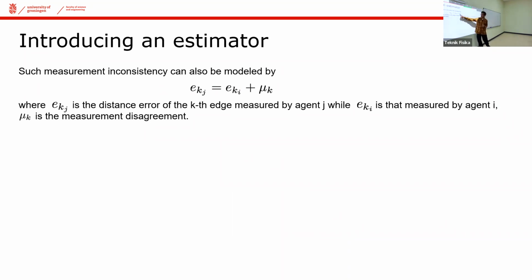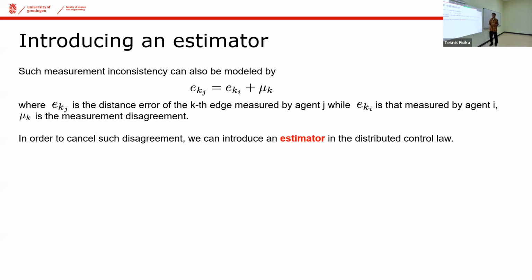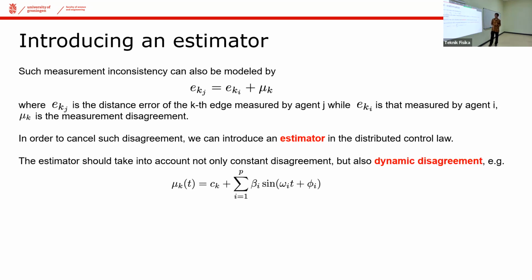So we try to include a correction term here, where for the J agent, the discrepancy in the measurements is abstracted by having this mu k. This mu k represents differences in the distance information, and we would like to try to cancel this mu k. The way we try to cancel it is by introducing an estimator.